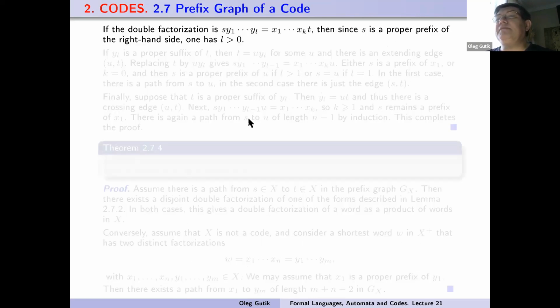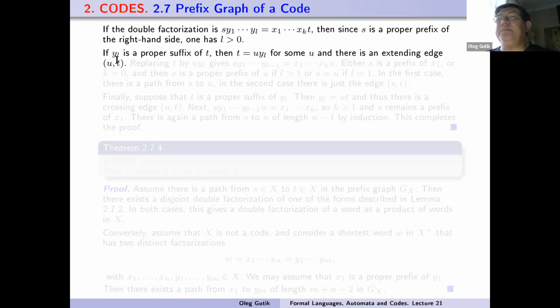In the double factorization, if the double factorization is the word s y1 so on yl equal to x1 so on xk t, then since the word s is a proper prefix of the right hand side, one has l is greater than 0.